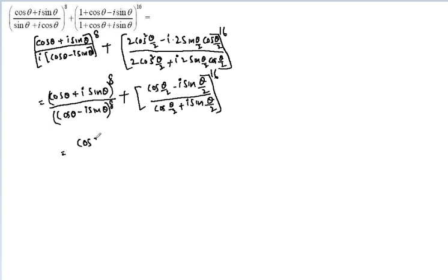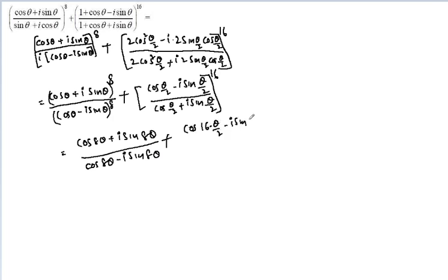This is (cos 8 theta plus i sin 8 theta) by (cos 8 theta minus i sin 8 theta) plus, applying De Moivre's theorem, that is (cos 16 into theta by 2 minus i sin 16 into theta by 2) by (cos 16 into theta by 2 plus i sin 16 into theta by 2).